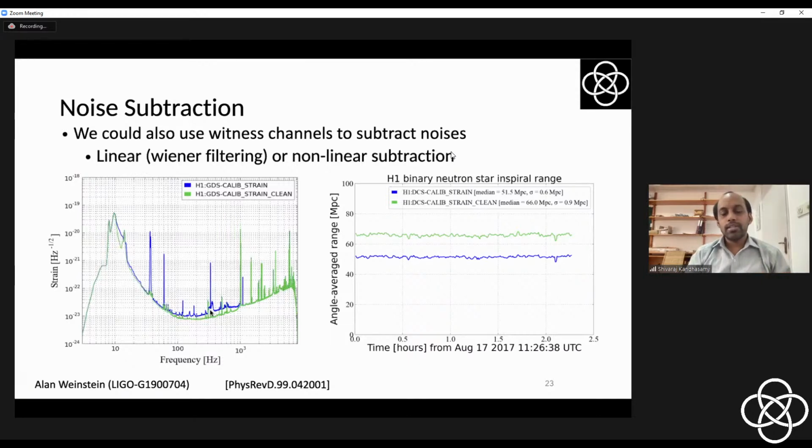The blue curve is the excess noise that was happening due to some pointing issue of the laser at the input port. And there was a witness channel that was monitoring why this pointing issue was there. Using that witness channel, we are able to subtract out this noise in the data, and we get this blue curve. As you can see, the lower the curve here, the better the chance of detecting signals. So we are basically improving the sensitivity of the detector by doing this subtraction.